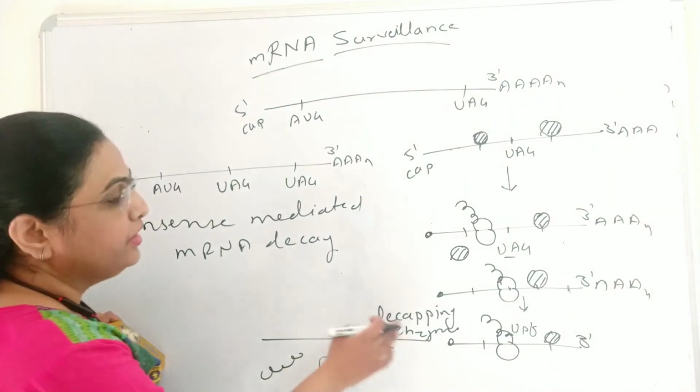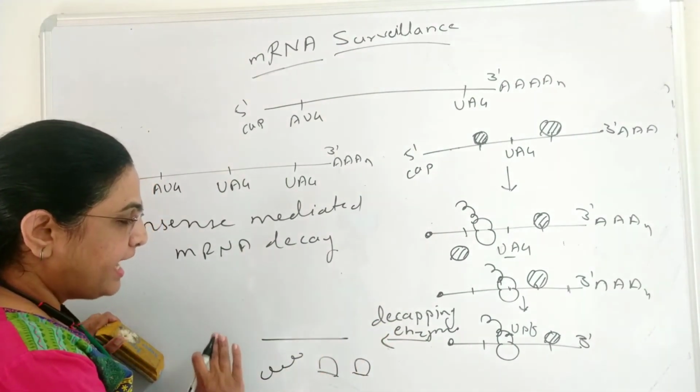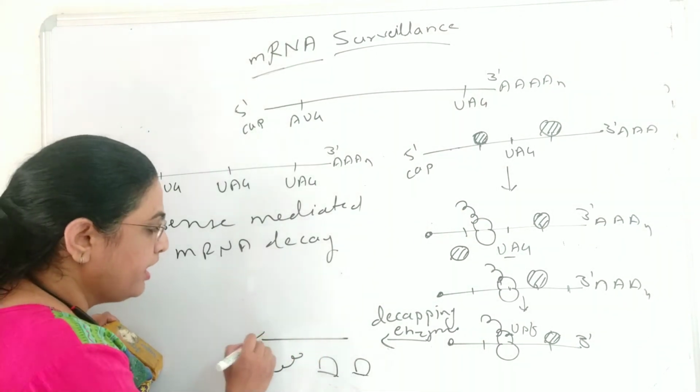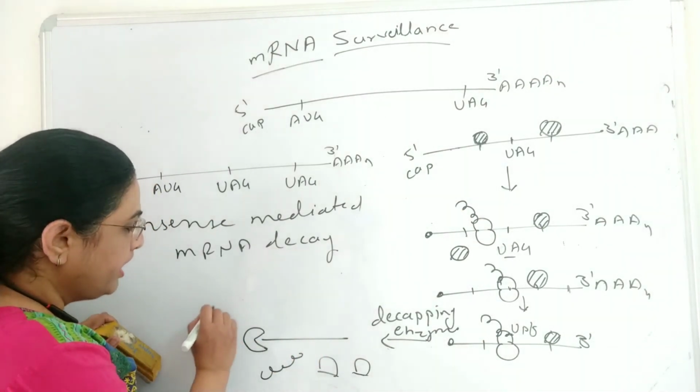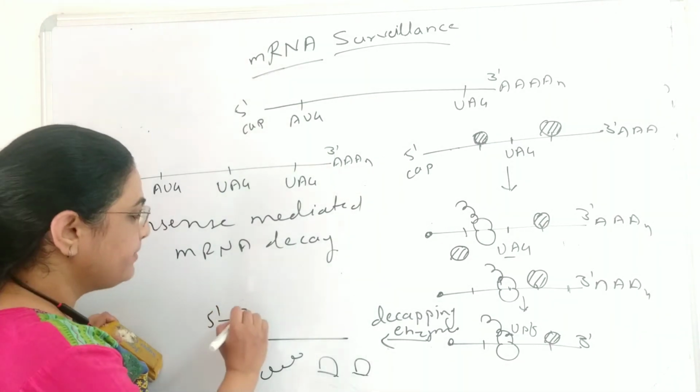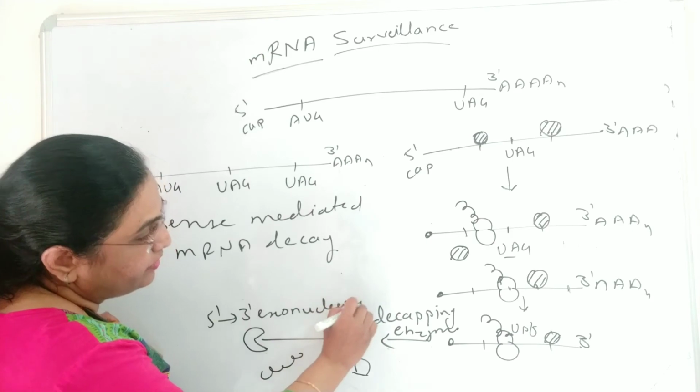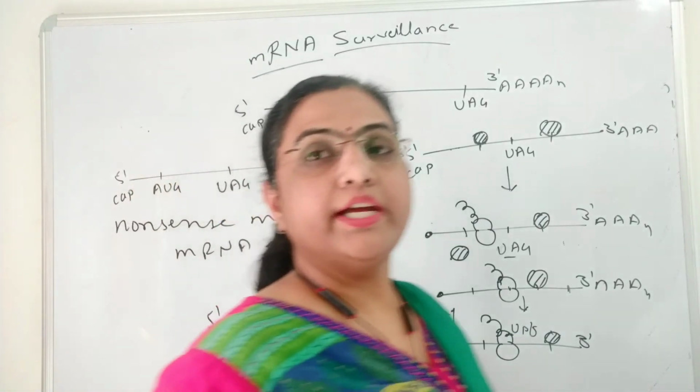Now the decapping enzymes have removed the cap, and now the mRNA is an unstable one, and this unstable mRNA is going to be cleaved by the 5' to 3' exonucleases. Who will cleave the mRNA?